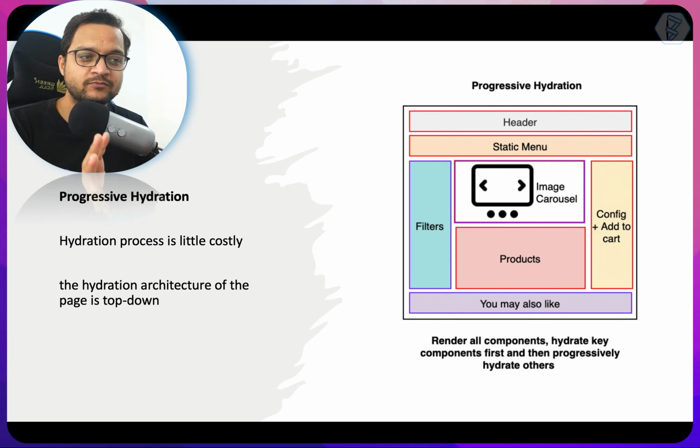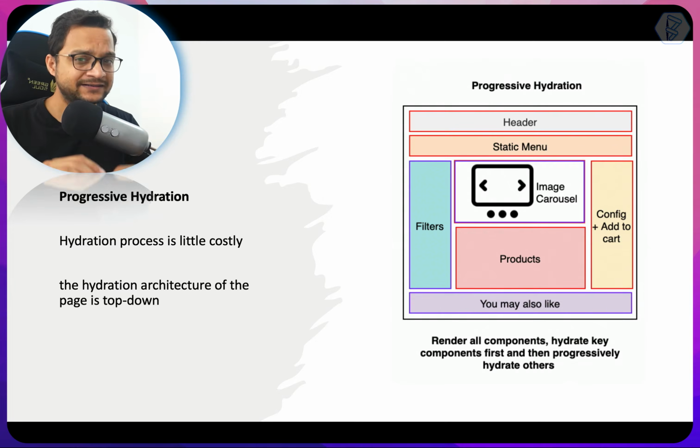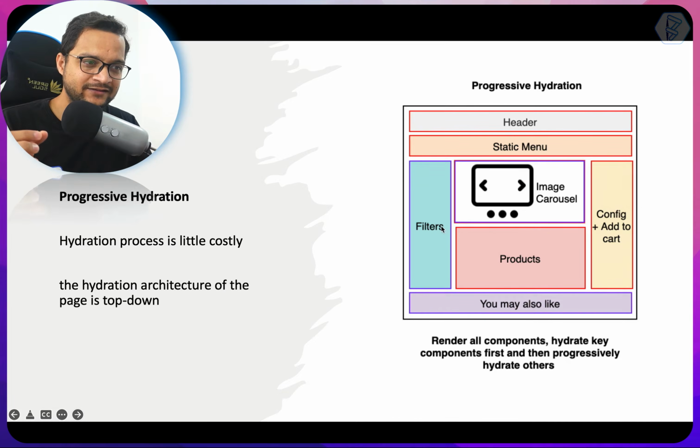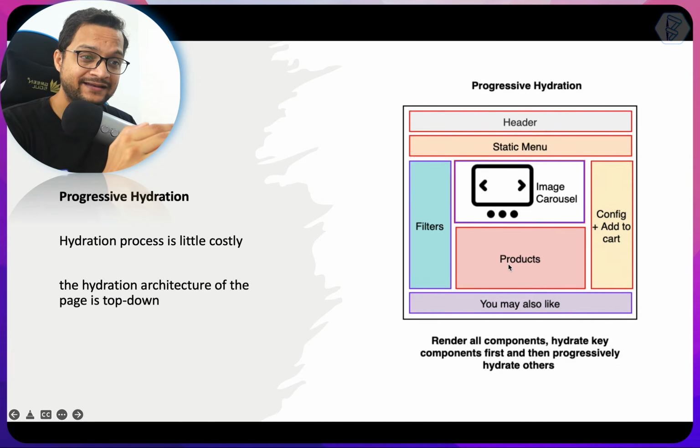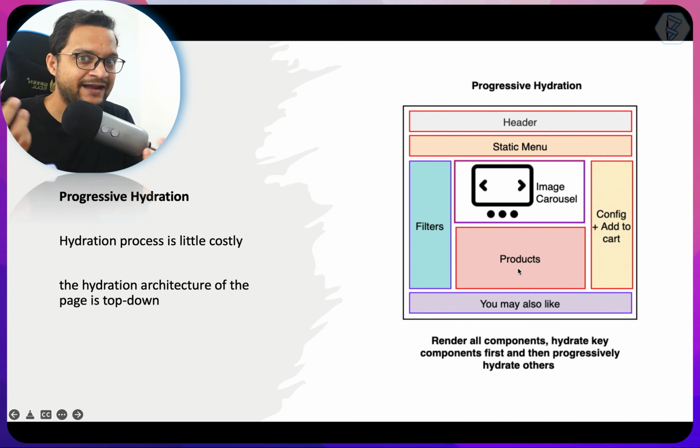We do the majority of hydration on the client side, and that is really good because it's not taking that much time. So we solve the problem of server-side rendering. But then what happens is, suppose we have this page and the user directly goes and starts interacting with the products, and in the meantime, since it's a top-down process, the products component will not get hydrated.